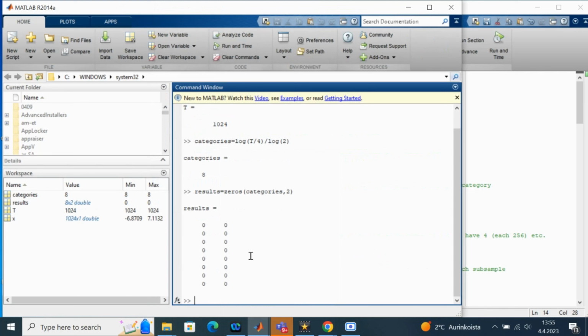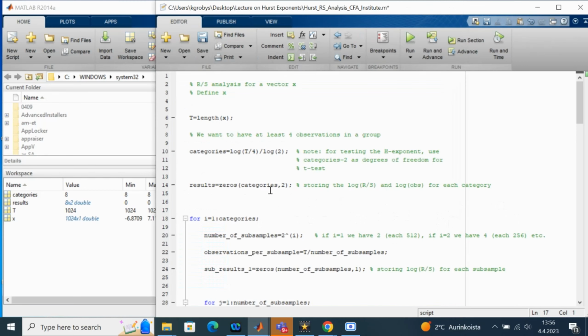And in each iteration, we want to store results here. Here in the first array, which is row 1, column 1, we want to store for the first cluster size the average rescaled range statistic. Whereas here, in the second element of the first row, we want to store the corresponding cluster size. And we do this obviously for all 8 categories.